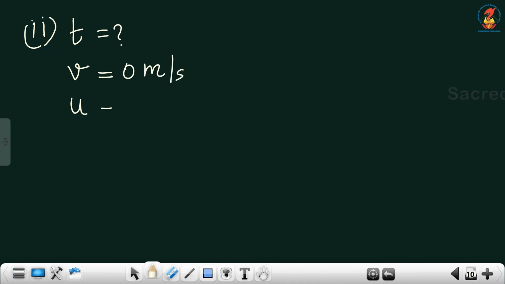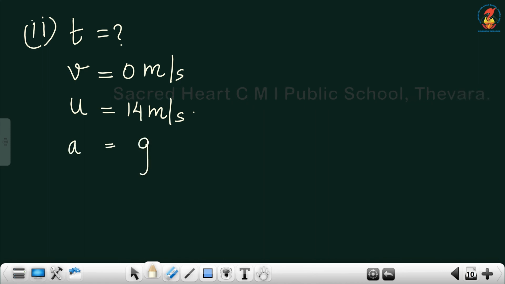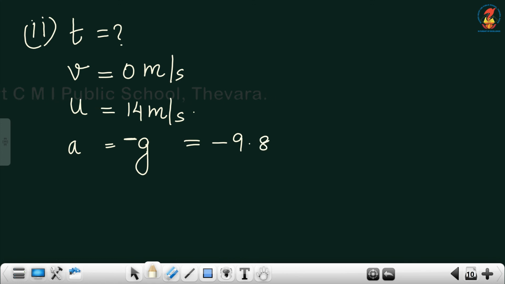We have already found the initial velocity as 14 meter per second. Acceleration of the body is acceleration due to gravity, and since the body is moving upwards, it will have a negative sign, which is equal to negative 9.8 meter per second square. So, here we have v, u and g values, and we need to calculate t.